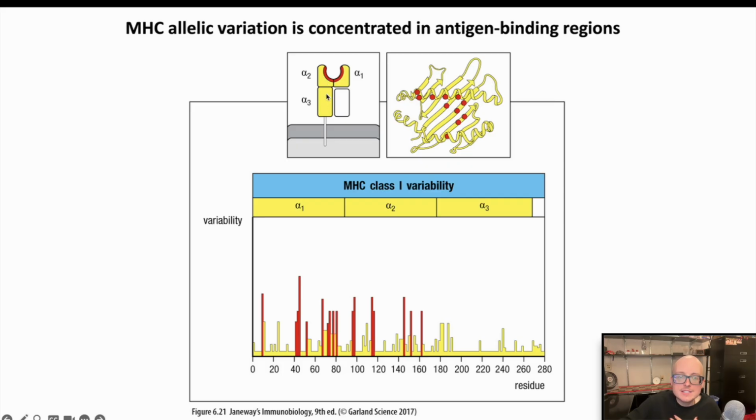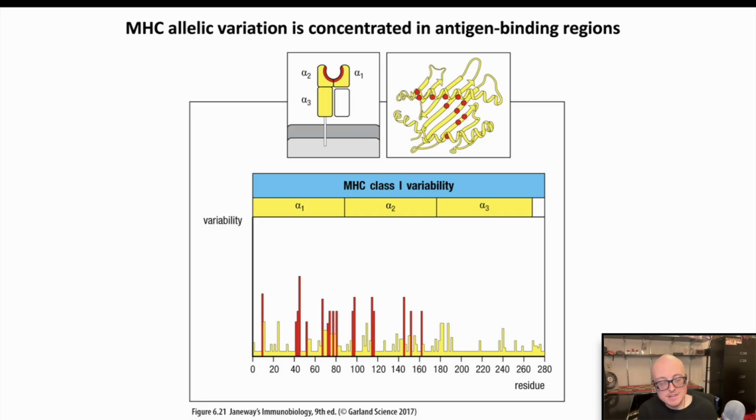Whereas the amino acids that are more structural in nature, especially those associated with the alpha 3 subunit, show a lot less variability from allele to allele, because the structural portions need to be relatively more conserved. There tends to be a single way that structure is most functional, and the variability is left to the portions that interact directly with antigen.